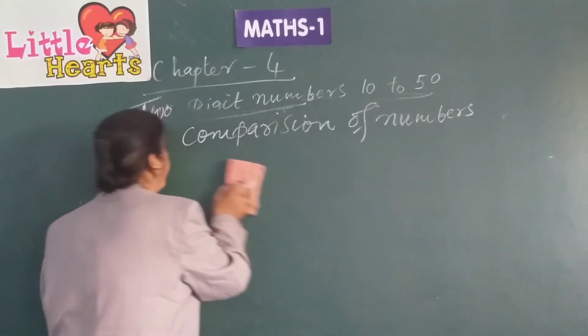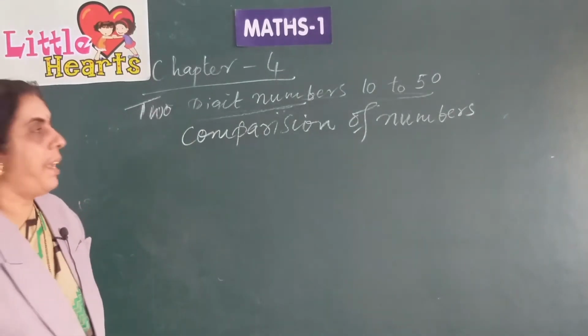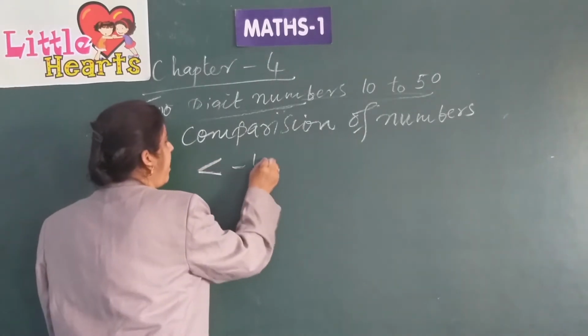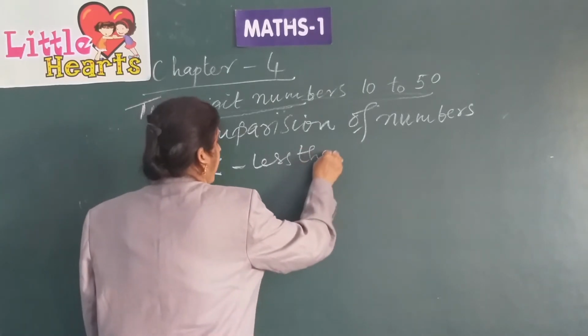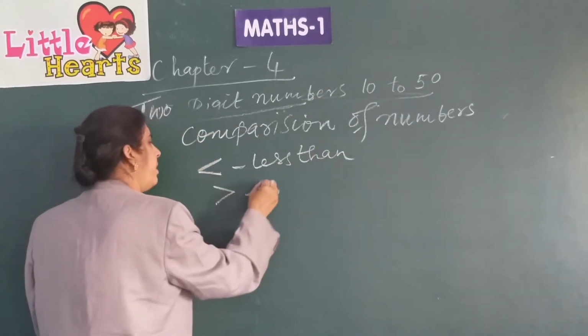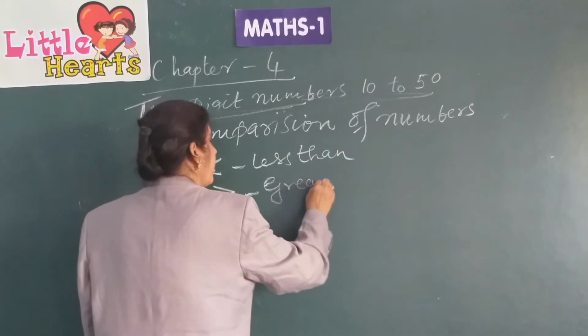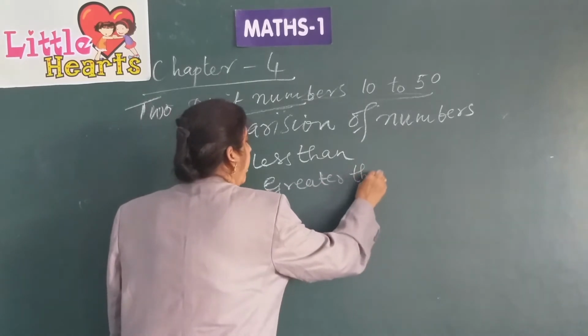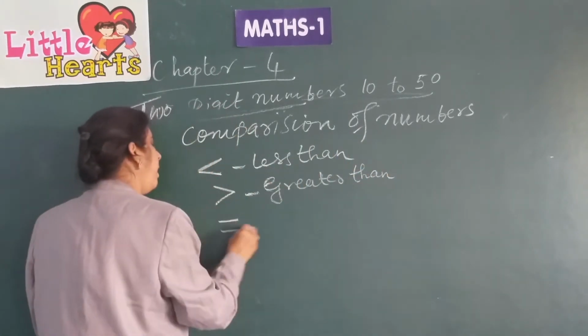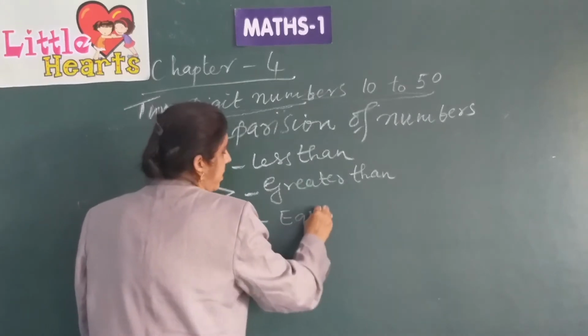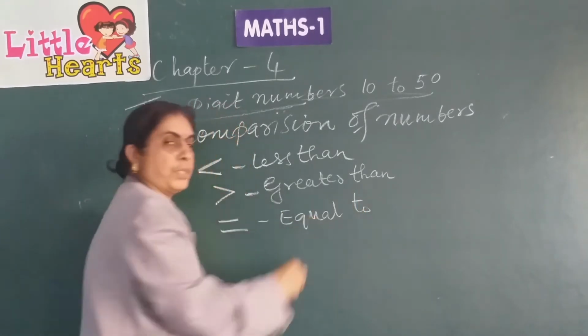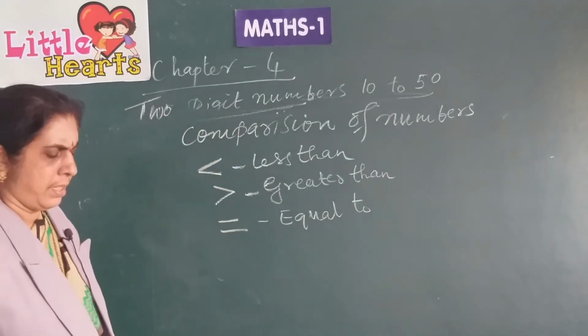And if both are equal, we use the symbol equal to. This is less than, this is greater than, and this is equal to. These are the symbols we use to compare the numbers.